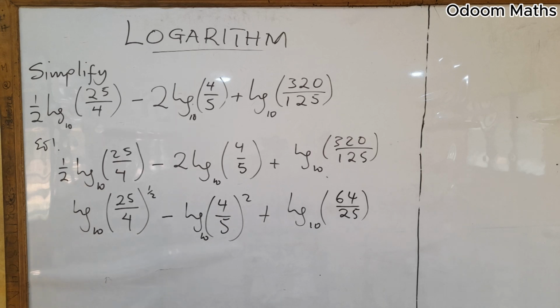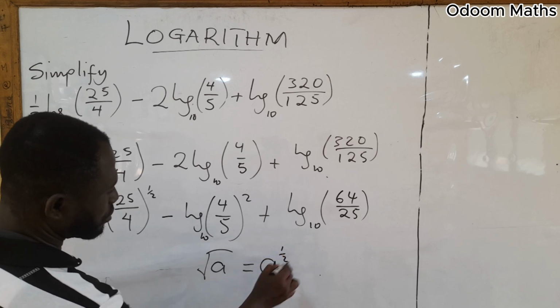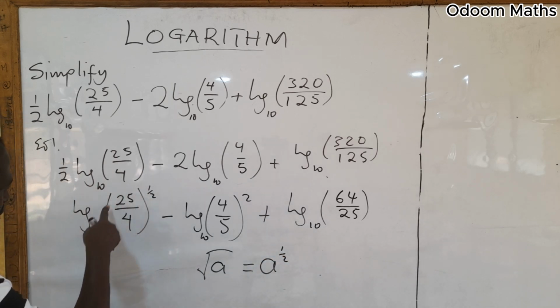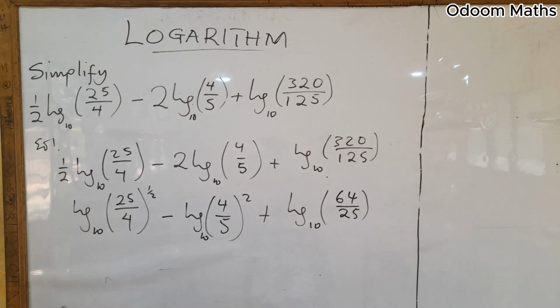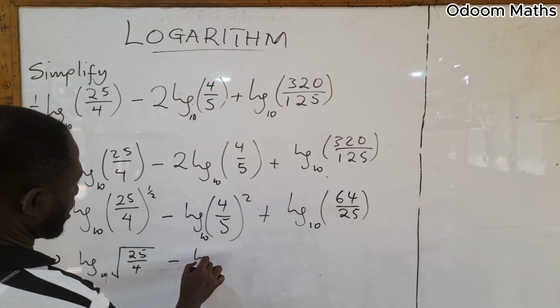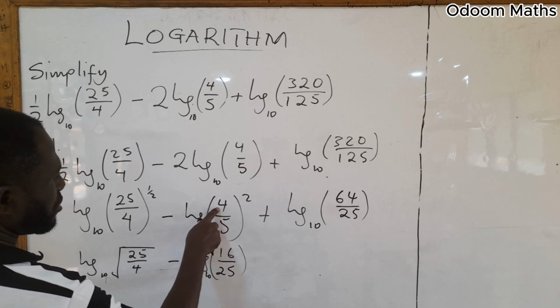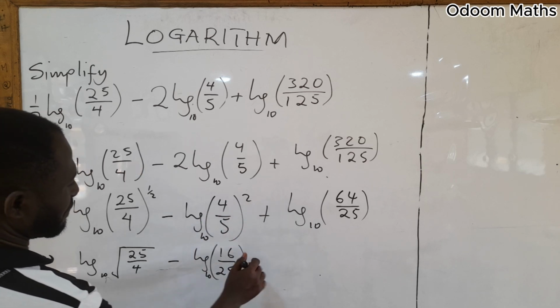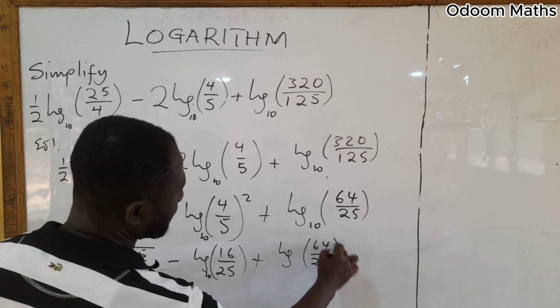Okay, now from here, when we have roots, root of a is the same as a to the power 1/2. So it means that 25/4 to the power half is the same as the root of this one. So we can say log root of 25/4 base 10, then minus, and this is going to give me log 16/25 base 10, that is 4 squared is 16 and 5 squared is 25, plus log 64/25 base 10.